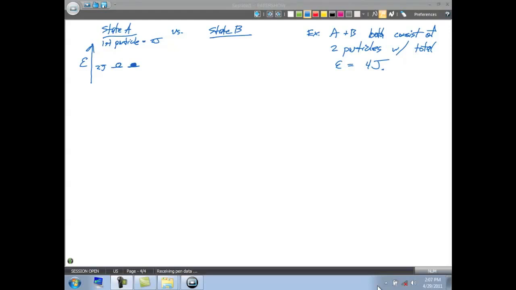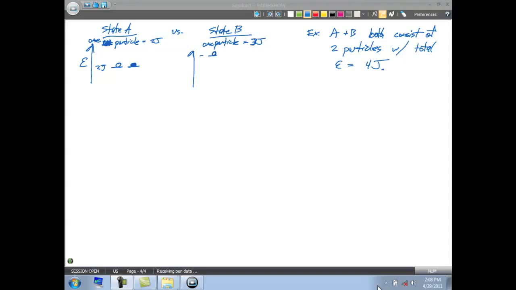For state B, and I shouldn't say the first particle here, I should say one particle has to equal 3 joules of energy. So here's our energy scale again.